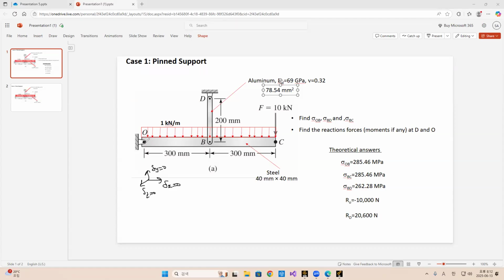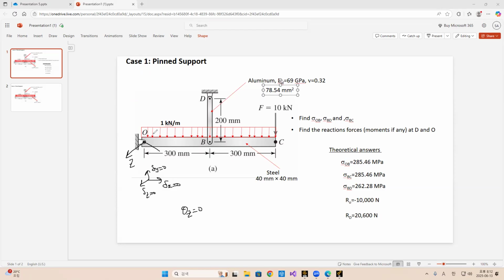Also, pinned support means it can rotate about the z axis. This is the z axis, so plane x is normal to my paper, normal to this plane. So only theta z is free.